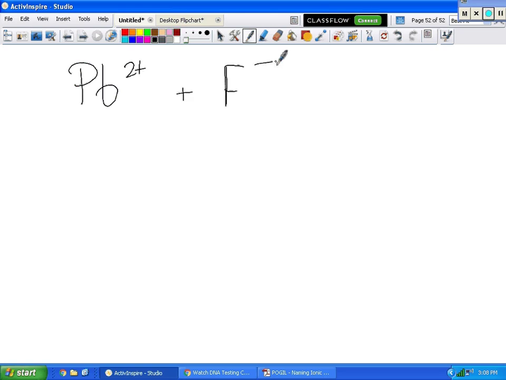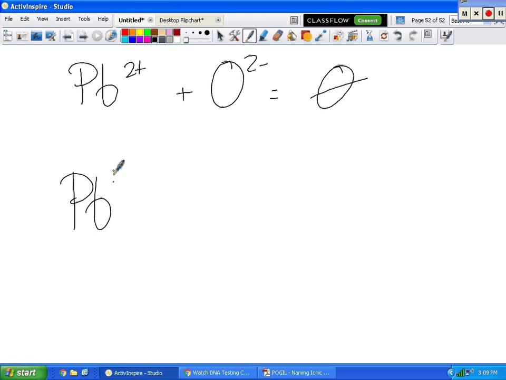And then Pb4 plus O2 minus. See if you can figure that one out. Yep, one of them is lead 2 with oxygen, and the other one is lead 4 with oxygen.